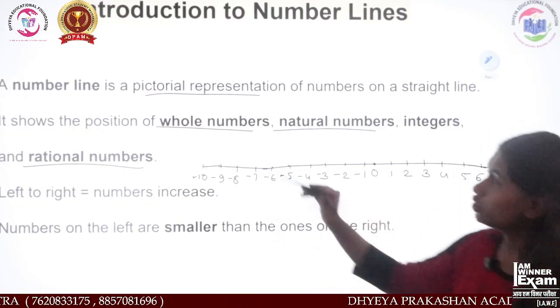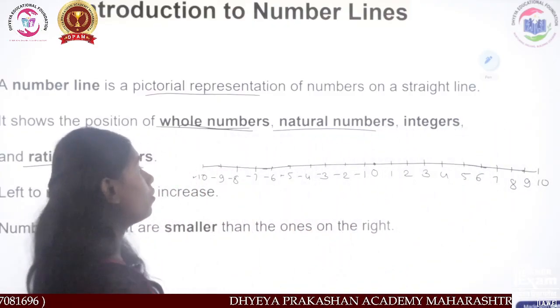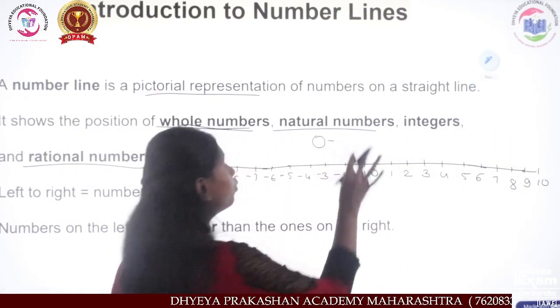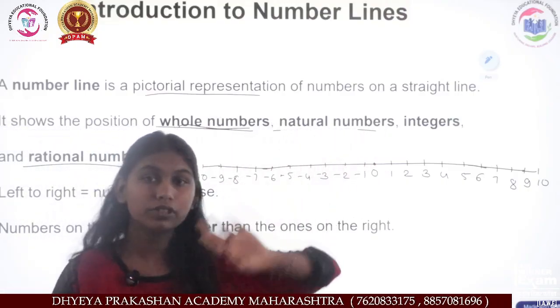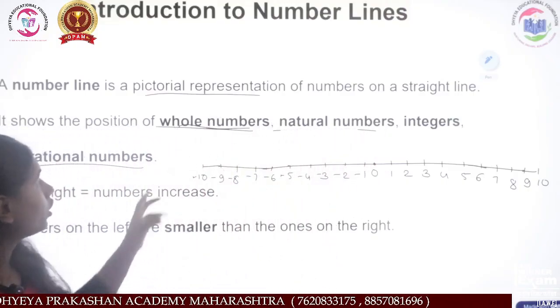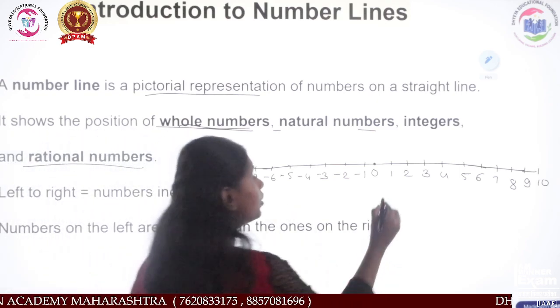Now what does it show? It shows the position of whole numbers. What are whole numbers? That is from 0 to any number. So whole numbers basically start from 0 to 100. Okay, it is known as whole numbers. What is meant by natural numbers? That it starts with 1.